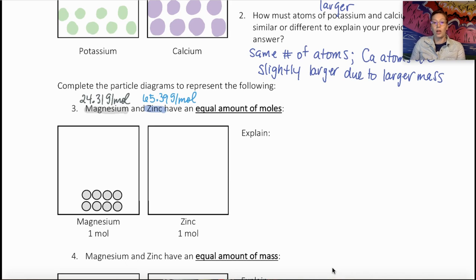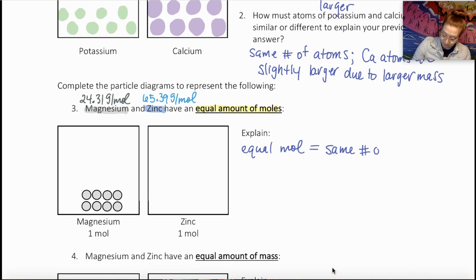Okay, so we want to start out by having an equal number of moles for each of these. So again, I'm actually going to start with my explanation that we already talked about on the previous one. And I'm going to make this short and sweet. Equal moles is going to mean that we have the same number of particles. In this case, because they're both elements that are monatomic, this is going to be atoms.